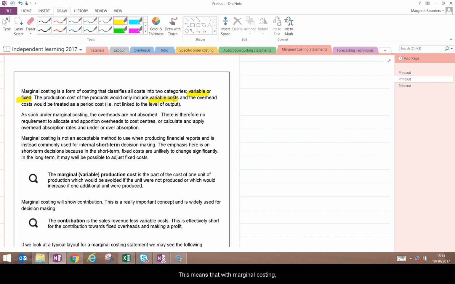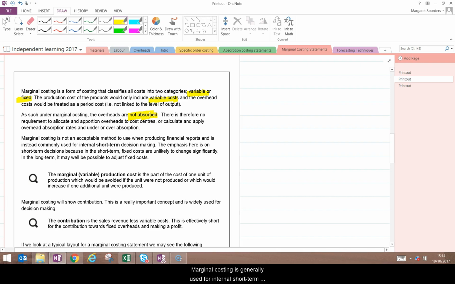This means that with marginal costing, overheads are not absorbed. So there's no requirement to allocate overheads to cost centres, there is no need to apportion overheads to cost centres, and there is no requirement for an overhead absorption rate or a calculation of under or over absorption.